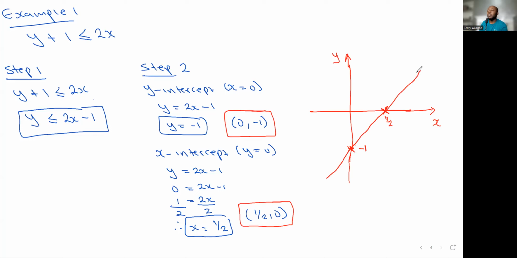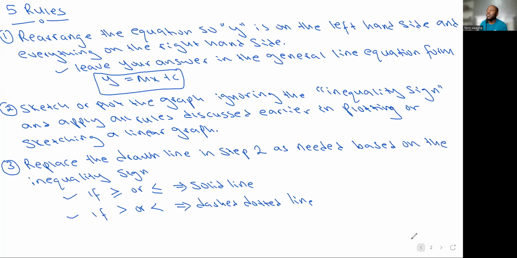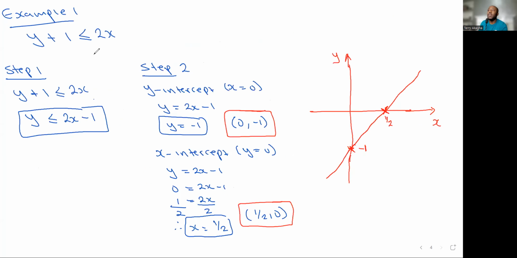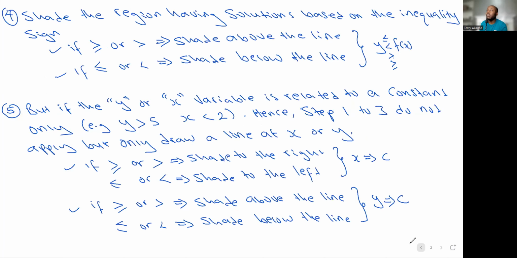Now the next step. It says replace the drawn line with a solid line if it's greater than or equal to. If you look at the question, it was less than or equal to, so we maintain the solid line. Step 4, shade the region having the solution.